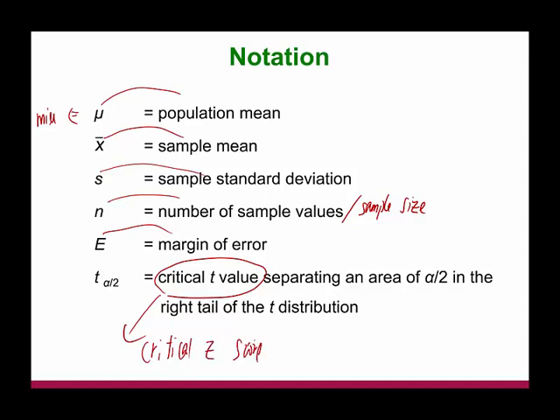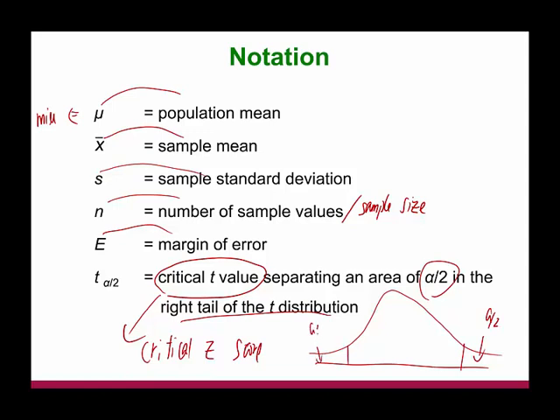Very similar concept, separating the area of alpha over 2 in the right tail of the t distribution. Again, a similar bell curve, with alpha over 2 on the left tail, and t alpha over 2 is located on the right tail.